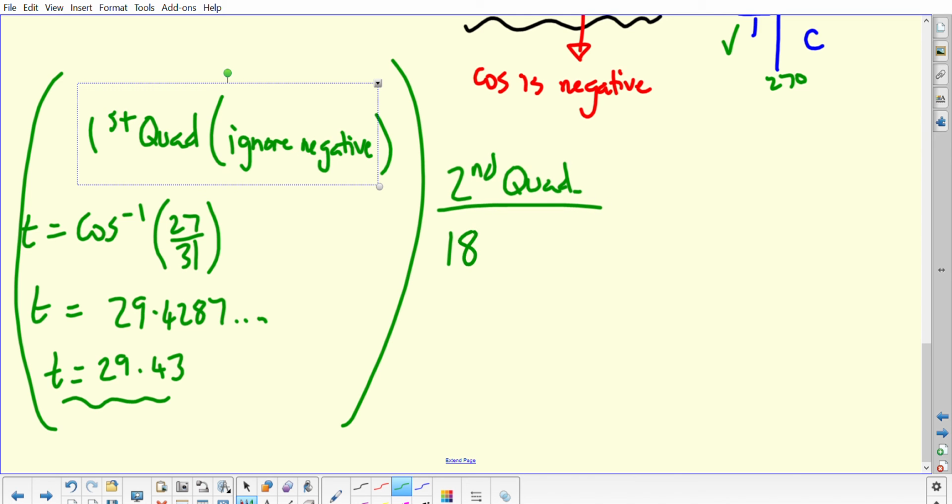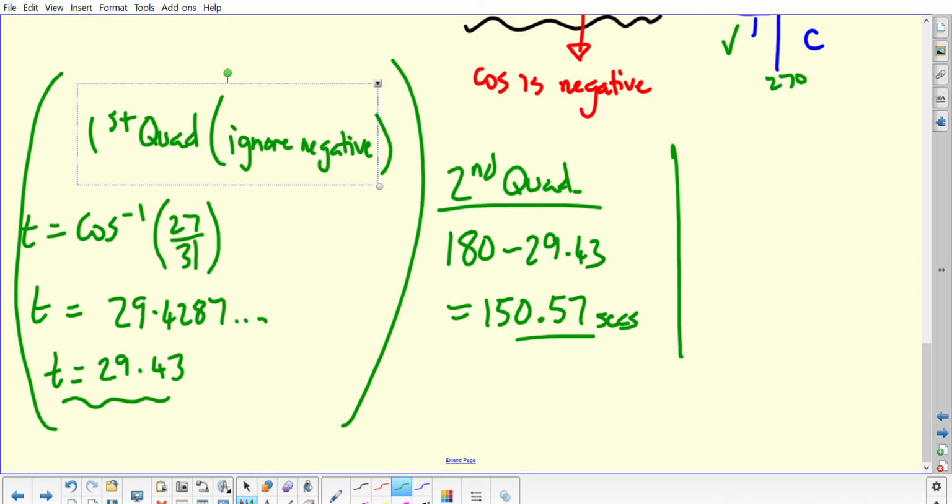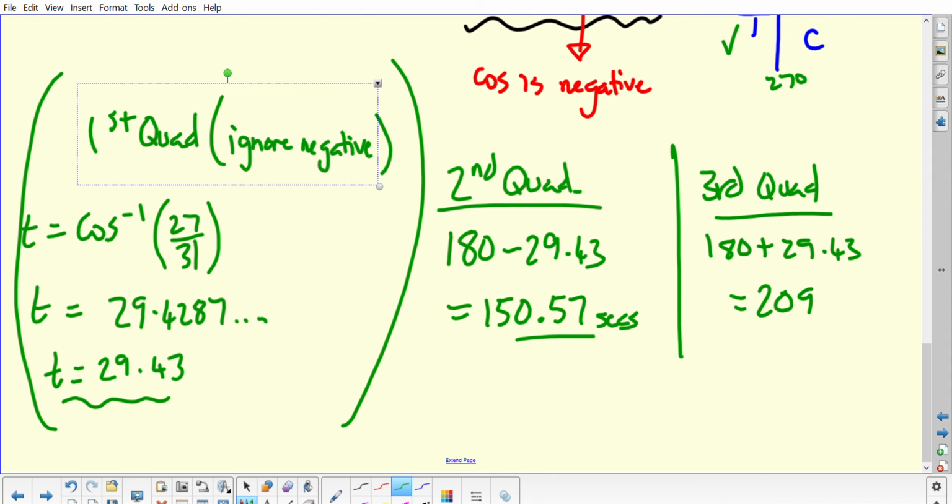So that's going to be 180 minus the 29.43, and that will give me 150.57. And this is of course seconds because it's time, and for your third quadrant, you're going to do 180 plus the 29.43, so we end up with 209.43, and again that's seconds.